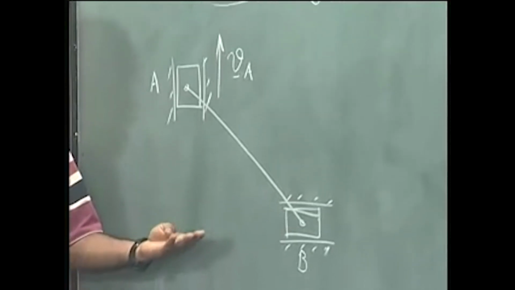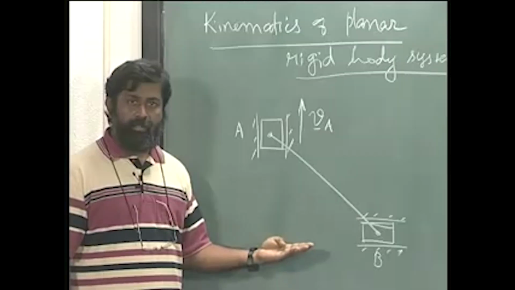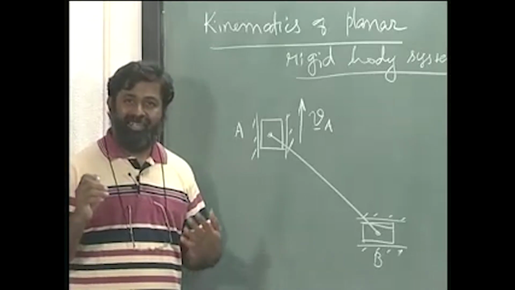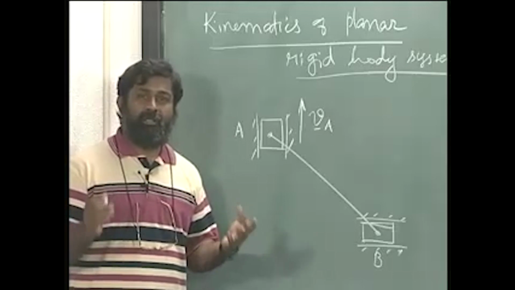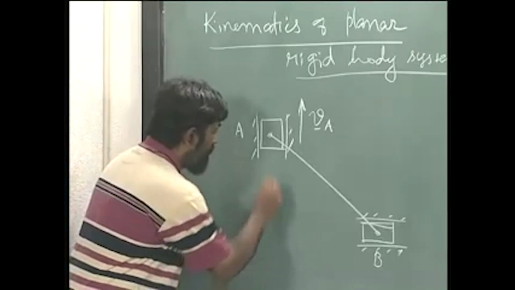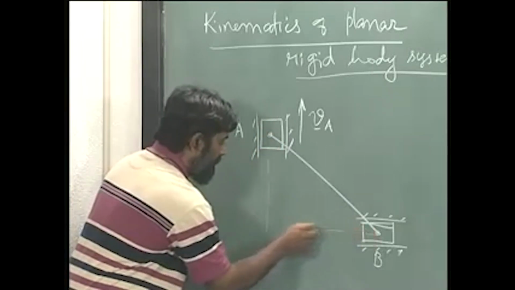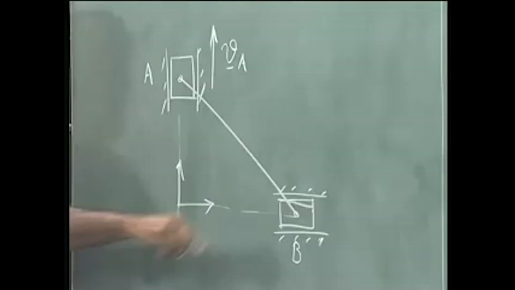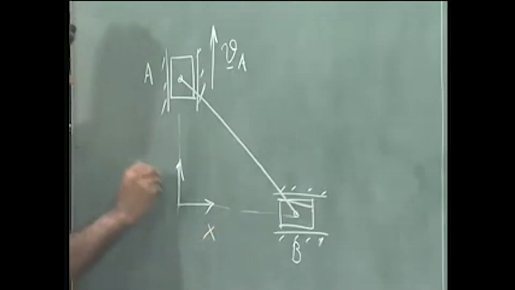How do we proceed in this particular type of problem? In any of those problems, it is important that we denote the fixed frame axis. In this particular case, the convenient one is an axis that runs through like this. Say capital X, capital Y.